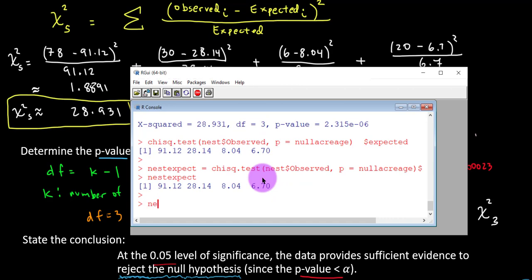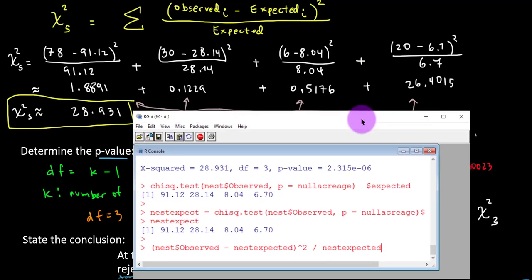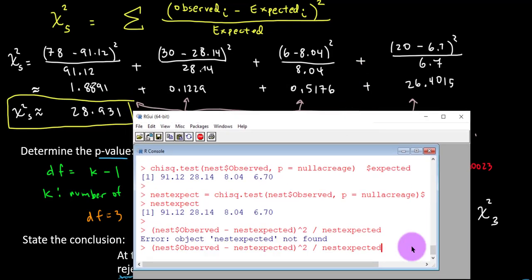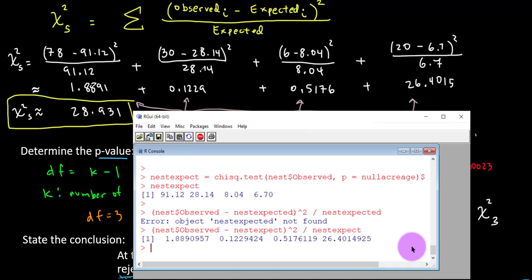So nest observed, if I subtract the expected from the observed amounts, square that difference, and then divide by the expected, this should get me our chi-square contributions. Oh, and I wrote expected instead of expect. We all make mistakes. And there they are, 188.12, etc. So you can do this whole process in R.